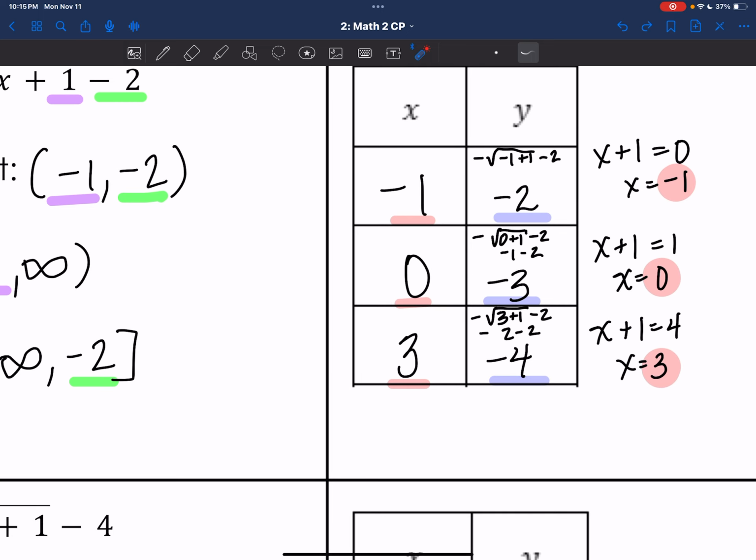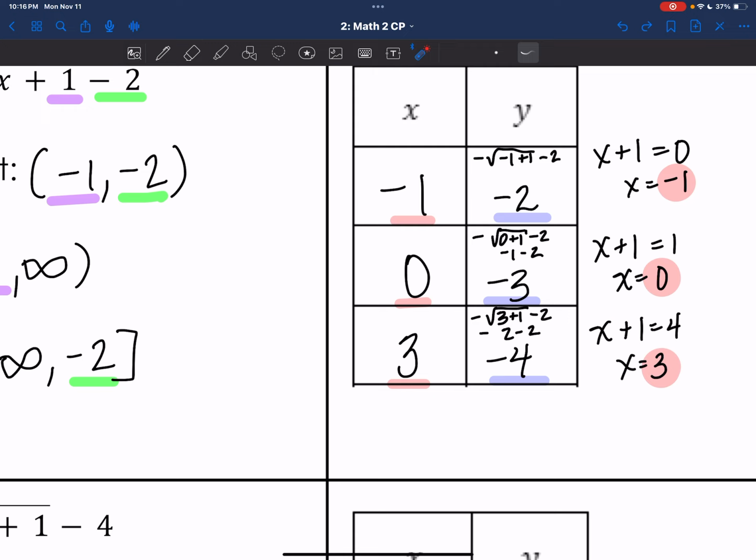And then to get to the next perfect square, which is 1, we need to make x 0. And then, if x is 0, plus 1 minus 2, that would be -3. And then to get to the next one, x would be 3.